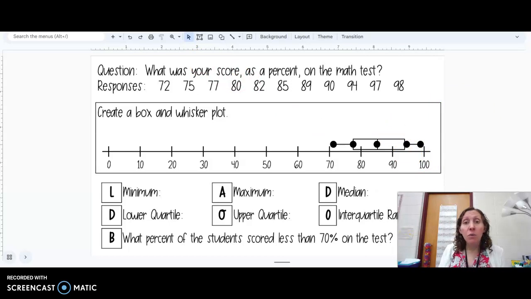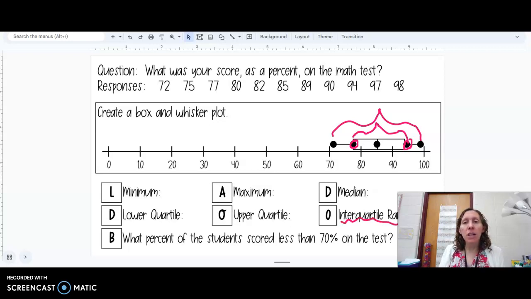to get the range, you would subtract the maximum and the minimum. The first dot is called the lower quartile or the first quartile. This end of the box is the third or upper quartile, and you could subtract those to get the interquartile range. Let's actually figure that one out right here.